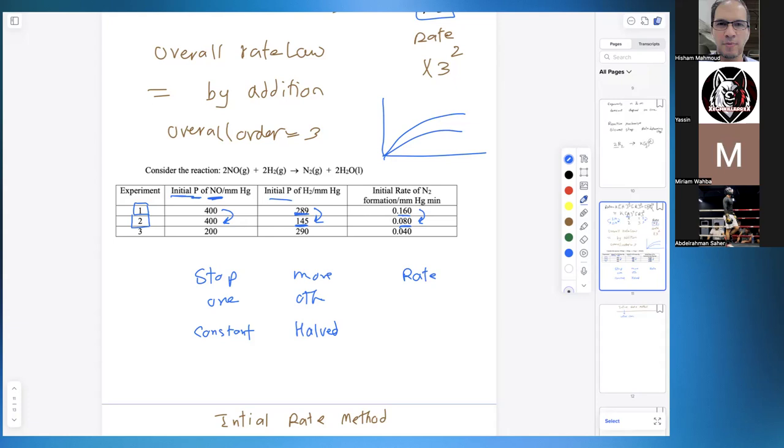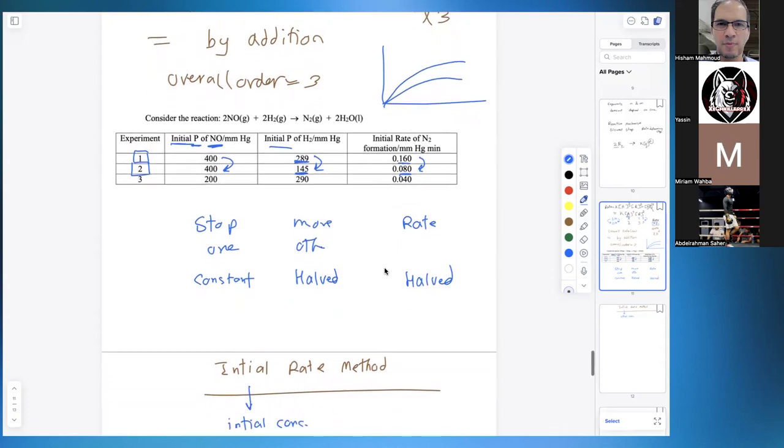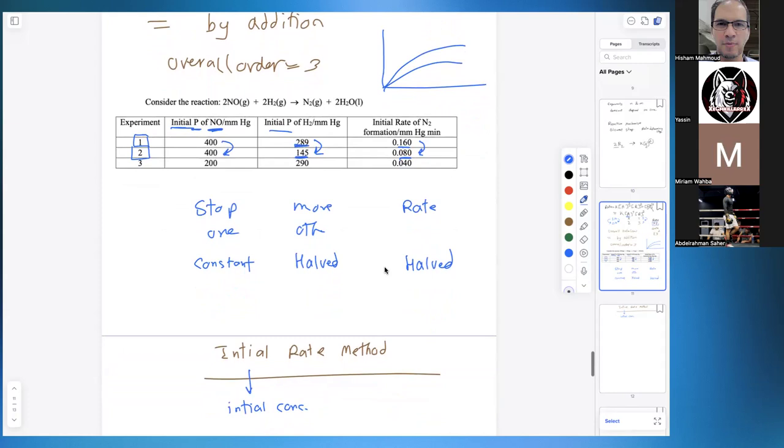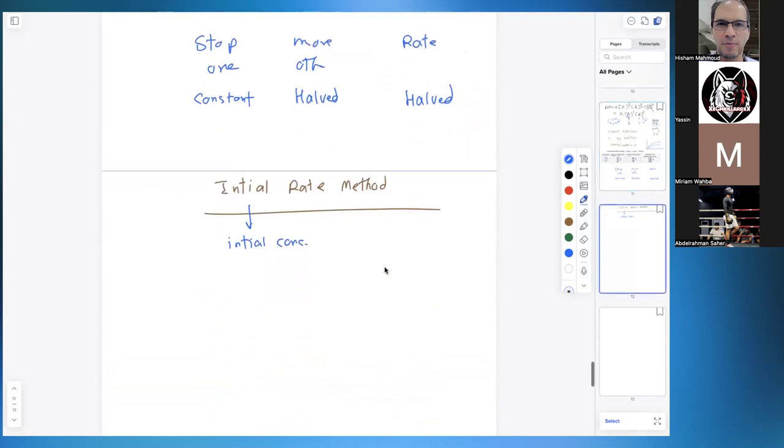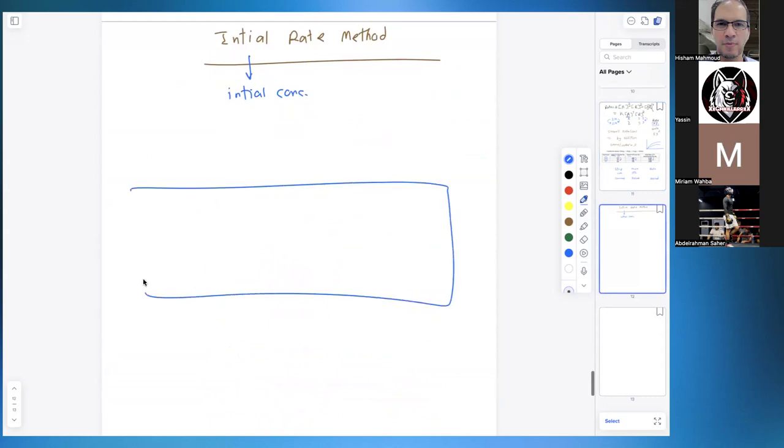So you told me it is halved here for the concentration, and it is halved for the rate. So what rate law is this? Is this zero order, first order, or second order? Let me remind you. If there is a change in concentration and no change in the rate, what order is that? Zero order.